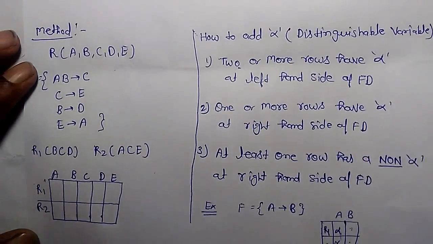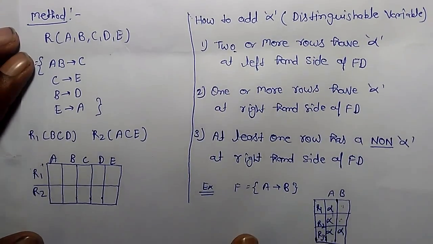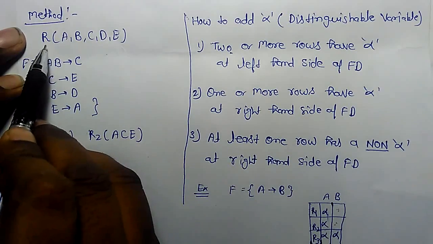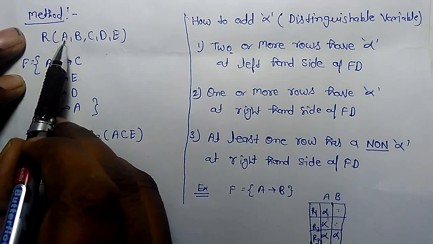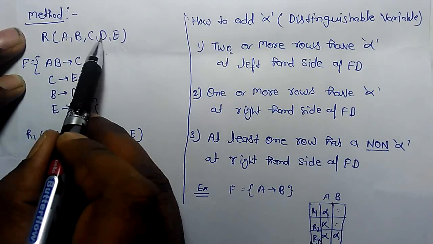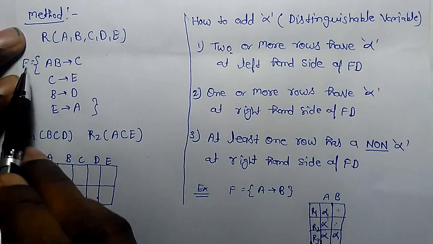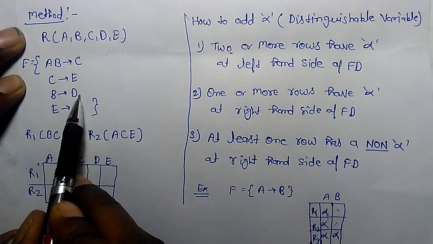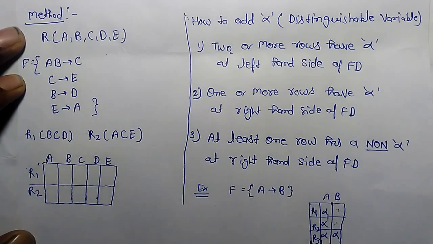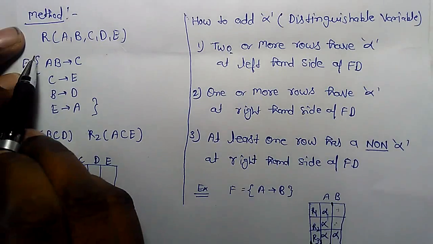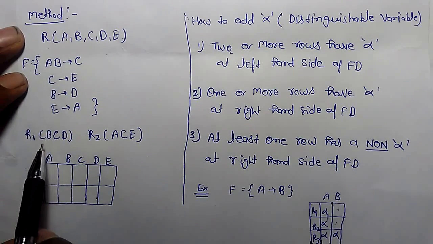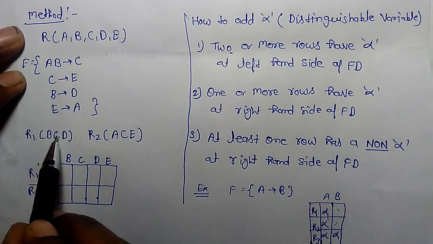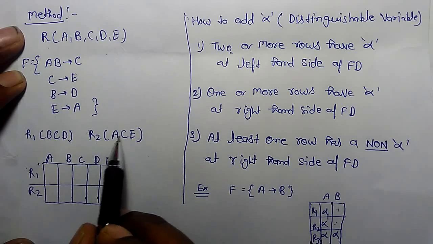For example, there is a relation schema R with 5 attributes A, B, C, D, E, and its functional dependencies are AB functionally determines C, C determines E, B determines D, and E determines A. There are two decompositions of relation schema R, creating subschema R1 and R2. R1 has attributes B, C, D, and R2 has attributes A, C, E.